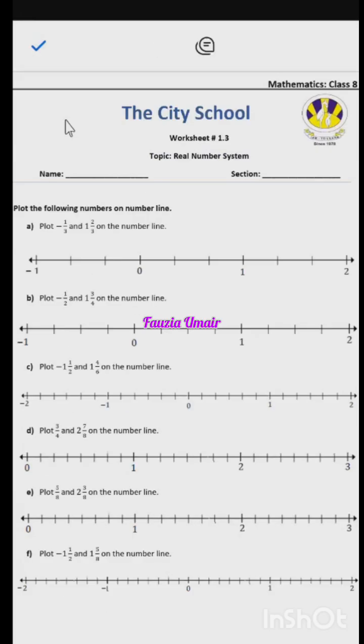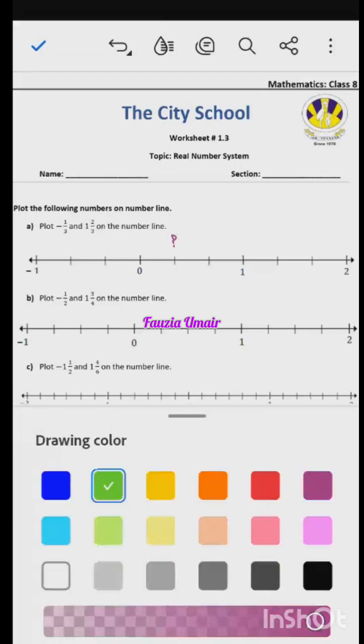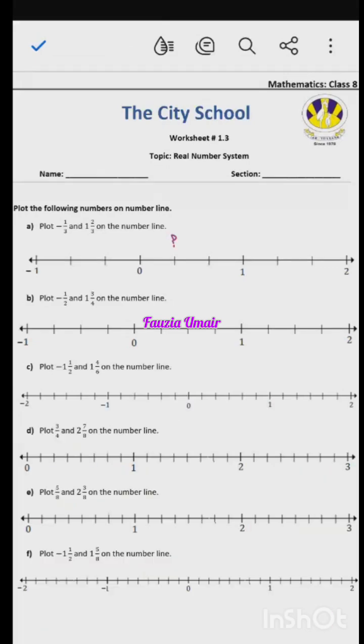So if this is 0 and this is 1, and there are 3 parts in the middle, so what will this part be? Apart from Arshman, anyone else? No, apart from Hashim as well.